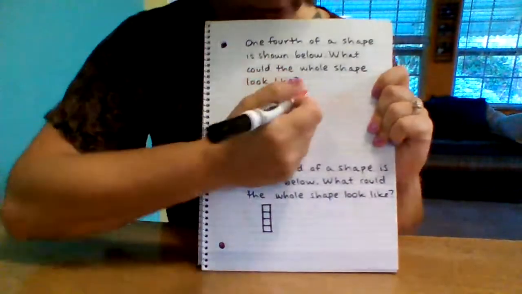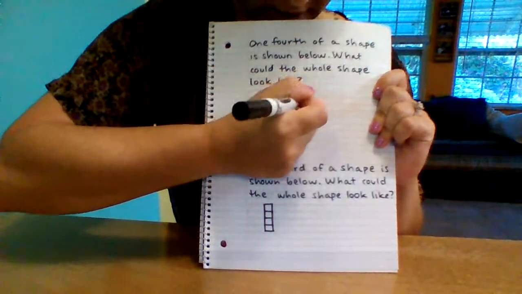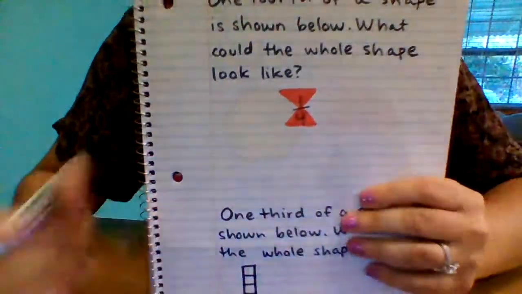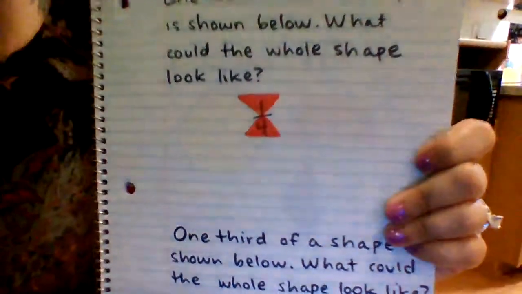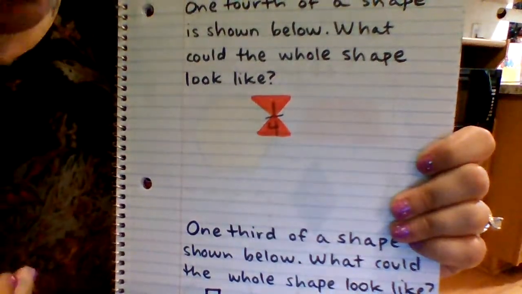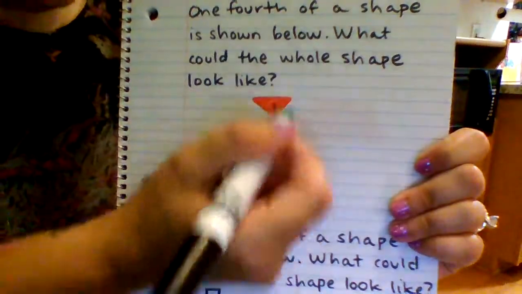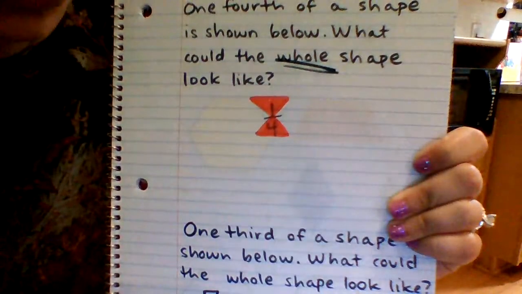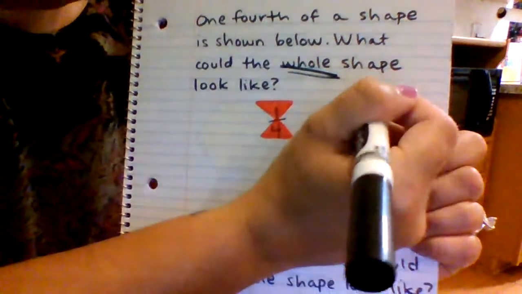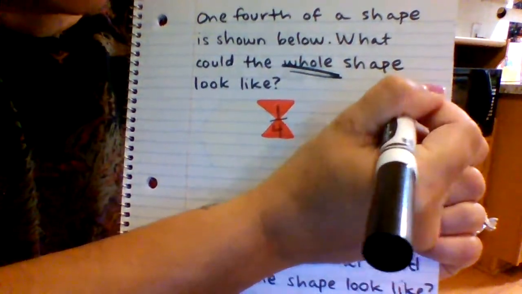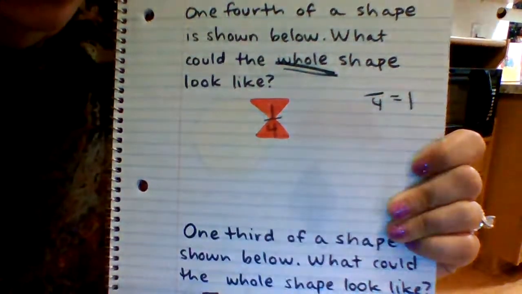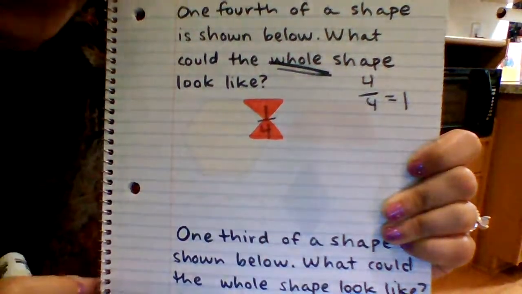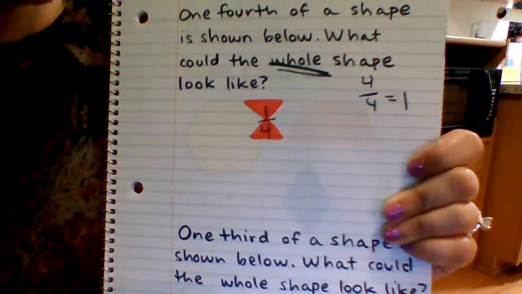I know it's weird to think of it, but think of it like this. This thing is 1/4 of a shape, right? So if we wanted to draw the whole shape, think, how many fourths are in one whole? How many fourths are equal to one whole? 4 fourths, right? So if this is 1/4, we can draw out the rest of the shape.